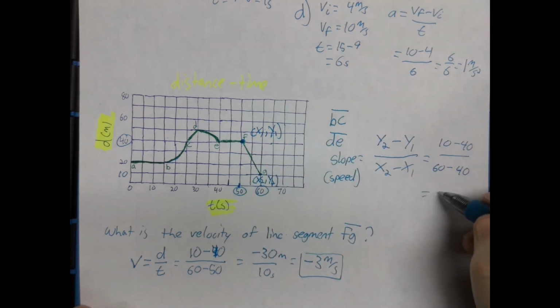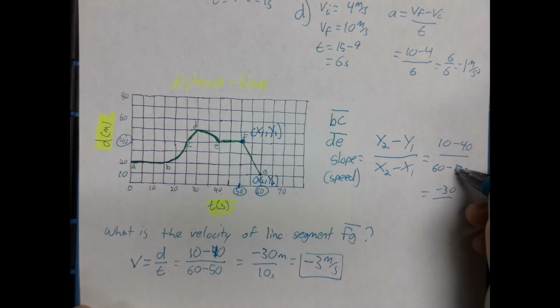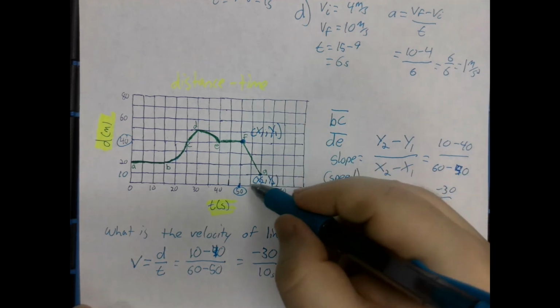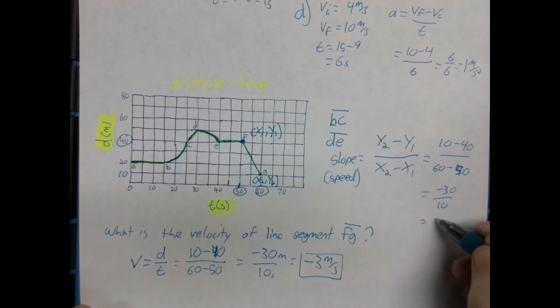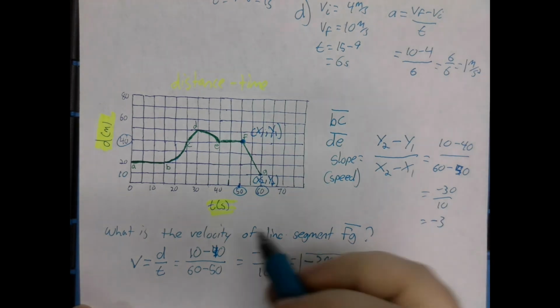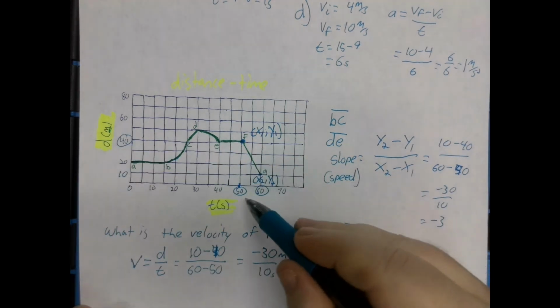And this gives you an answer of negative 30 over 10, which gives you negative 3, and your units would be meters per second.